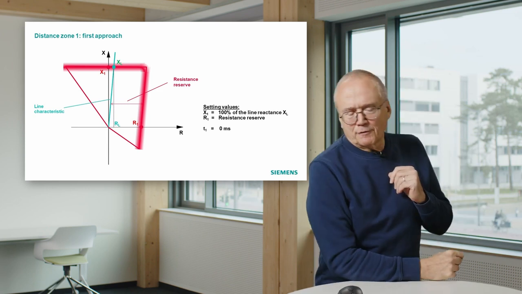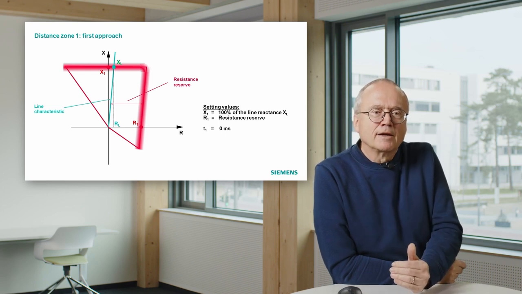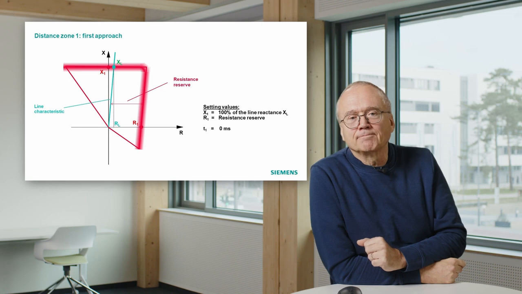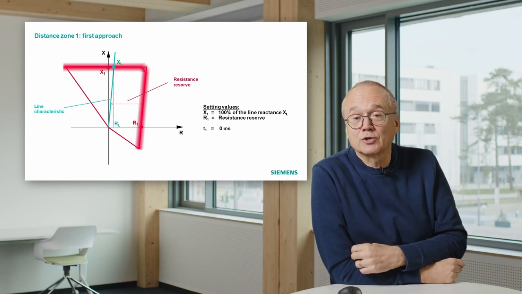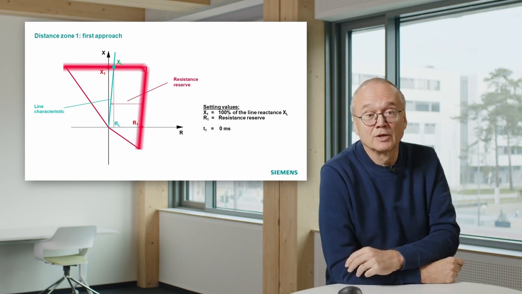And what is the result of that? The result is if you have a fault just beyond your line, at the beginning of the next line, it can be seen inside the characteristic with our setting because of these measurement errors.